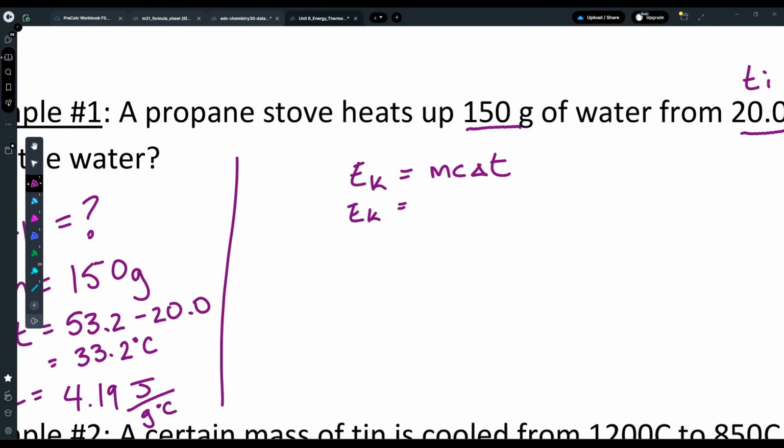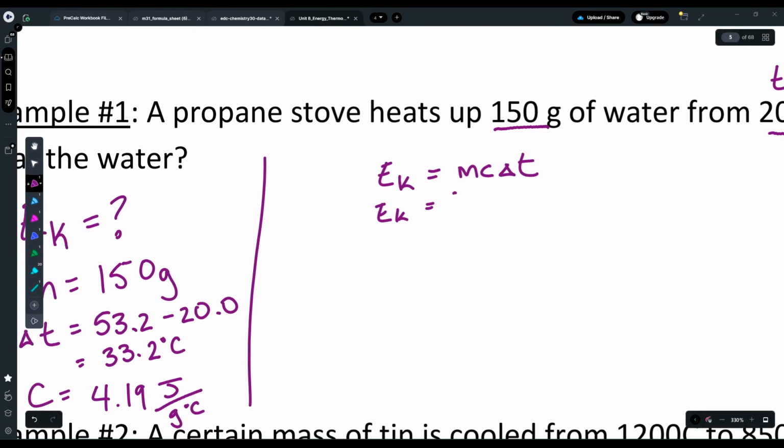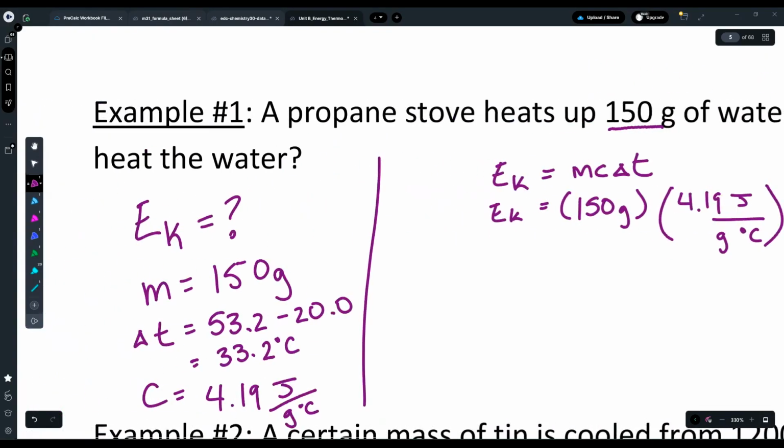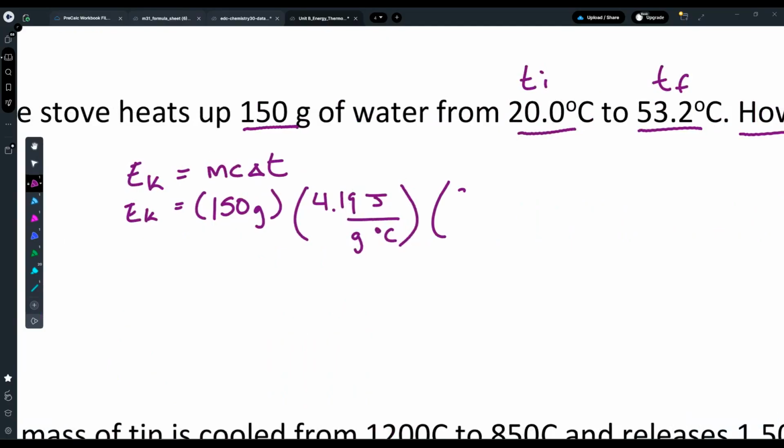Now we're substituting in values. Mass was 150 grams, specific heat was 4.19 joules per gram degree Celsius, and change in temperature was 33.2 degrees Celsius.